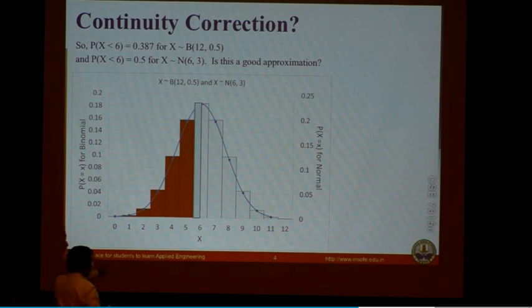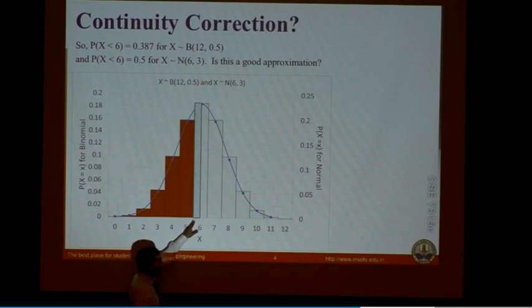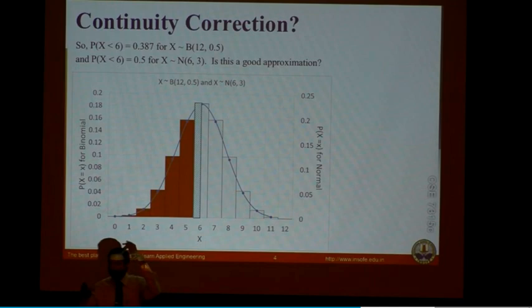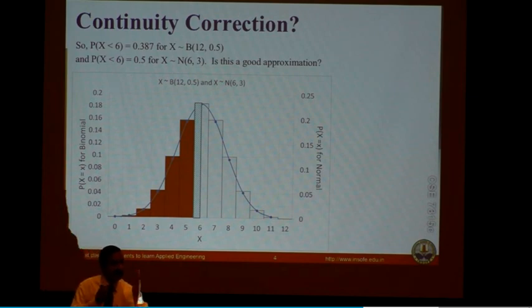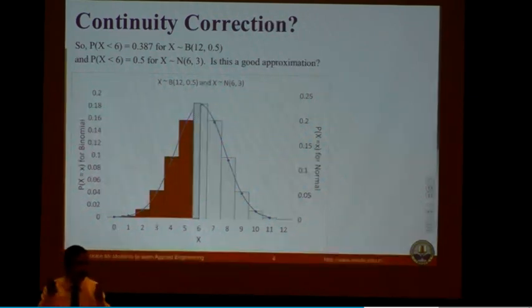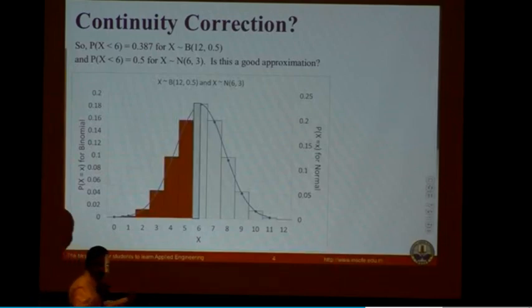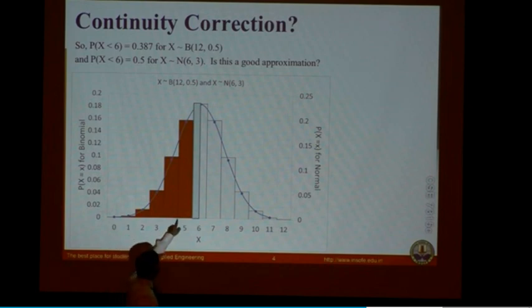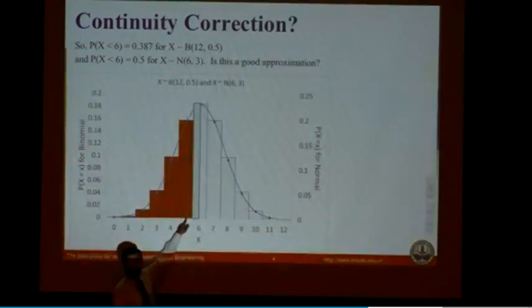So, what really is happening when I am using a normal distribution, you remember your analog to digital conversion. When I said 5, anywhere from 4.51 to 5.49, I am rounding it off to 5 in a discrete situation. I am taking all of that as 5.